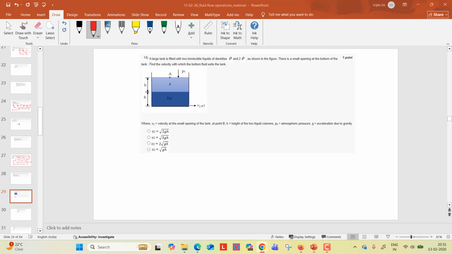So first we'll calculate the pressure at the bottom. Pressure at the bottom is P0 plus ρgh of the first fluid and 2ρgh for the second fluid. So it is P0 plus 3ρgh.